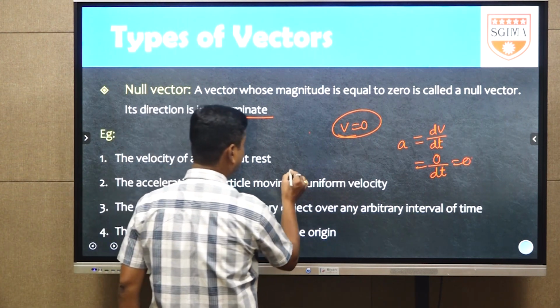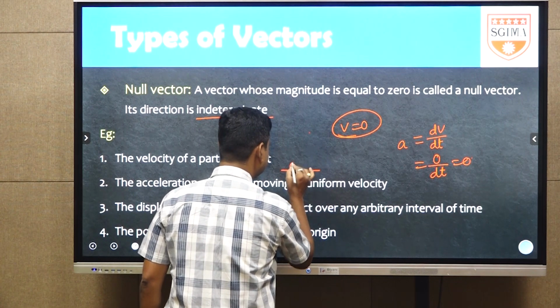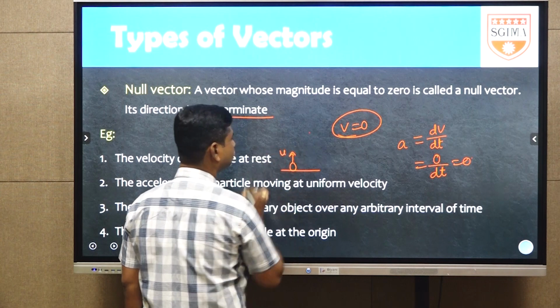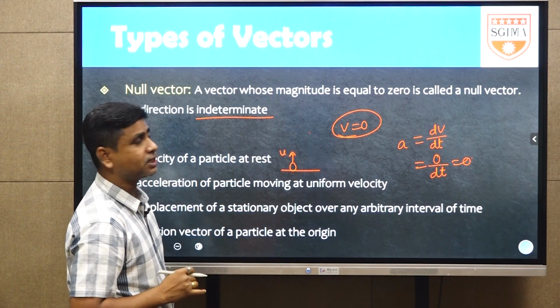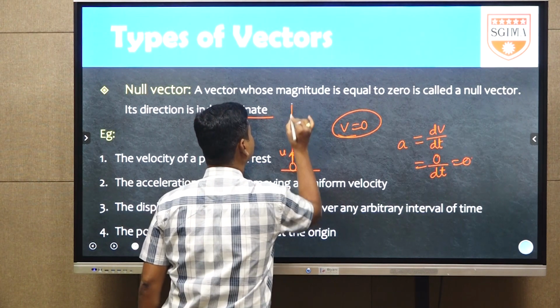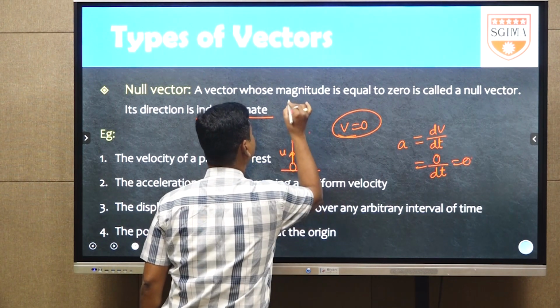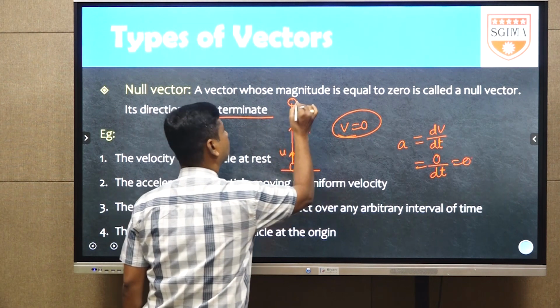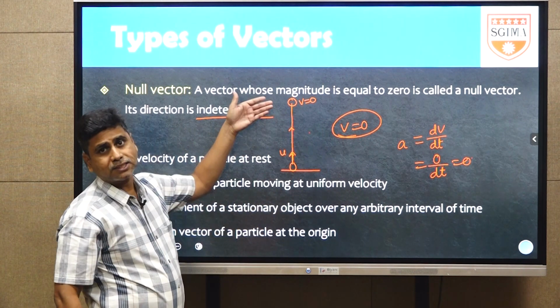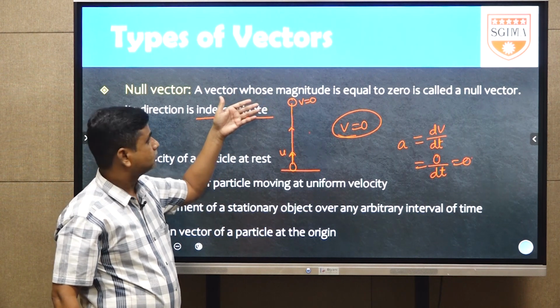What are the examples? For example, a body is projected vertically upwards with velocity u. It moves to a certain height. When it reaches the particular height, its velocity equals 0. When it is moving in the upward direction, the velocity of the body decreases.